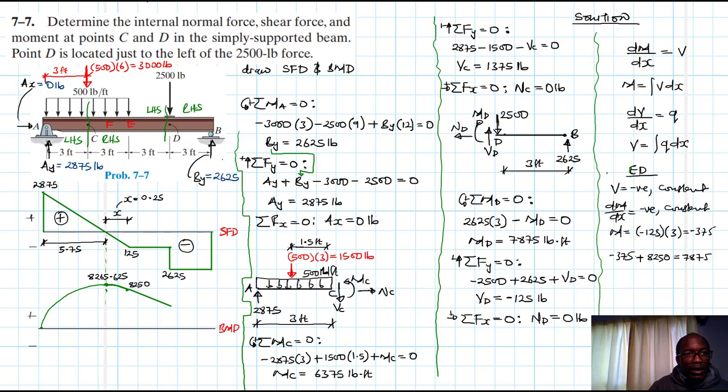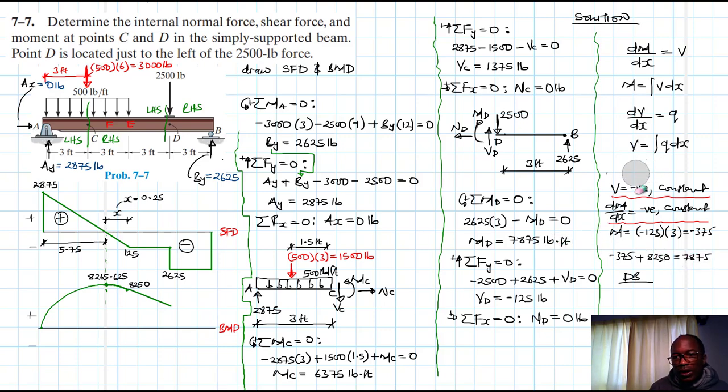And then finally from D to B, of course shear is negative, also negative and constant, and our slope for moment is negative and constant. So we just need to find the magnitude of DB.